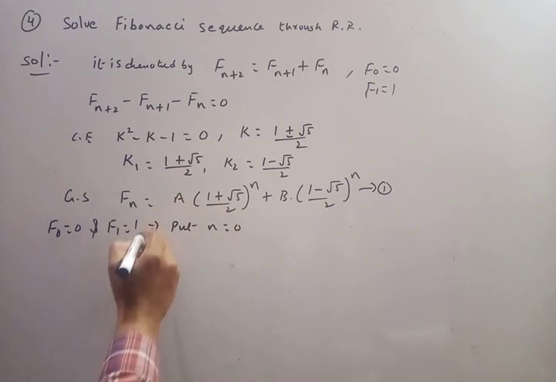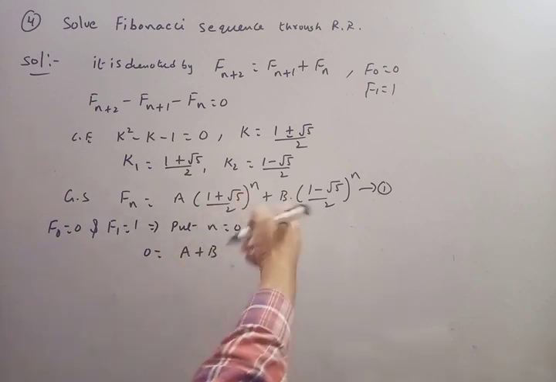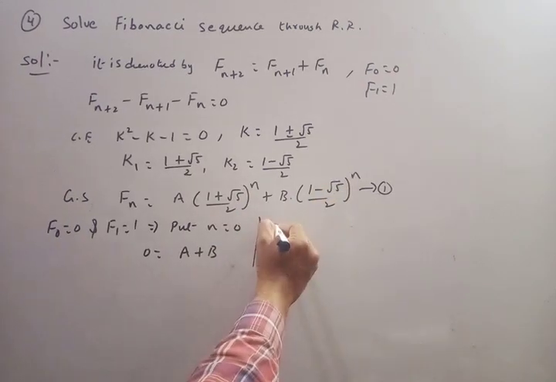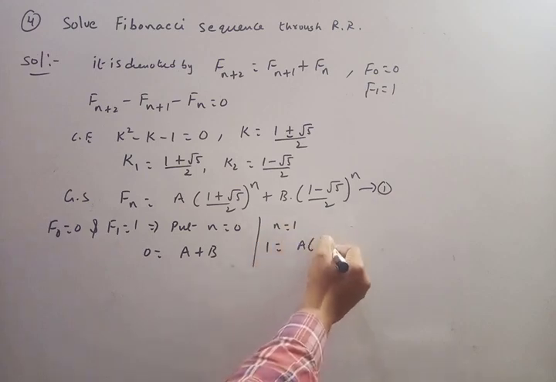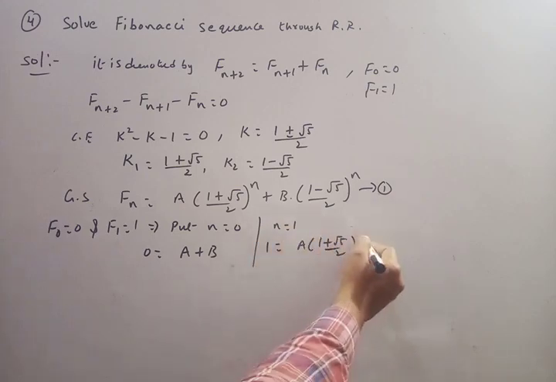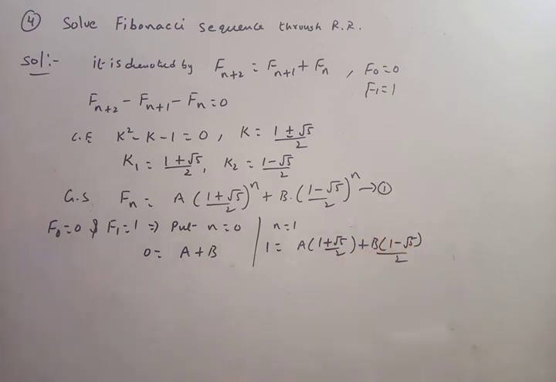If I put n is equal to 0, I get 0 is equal to a plus b, since anything to the power 0 is 1. If I substitute n is equal to 1, I get 1 is equal to a into 1 plus root 5 by 2 plus b into 1 minus root 5 by 2. Understand? From here a is equal to minus b.